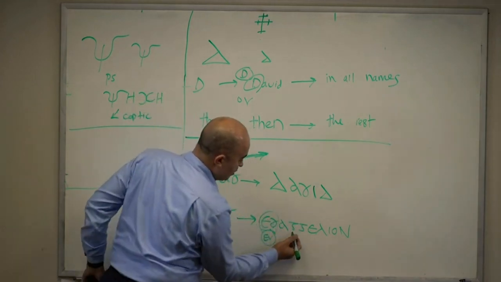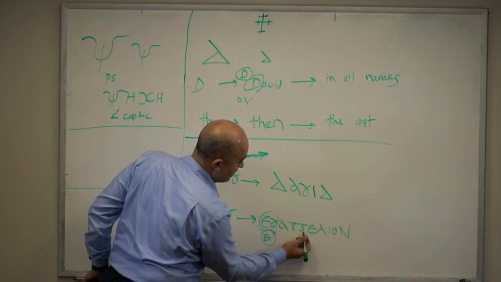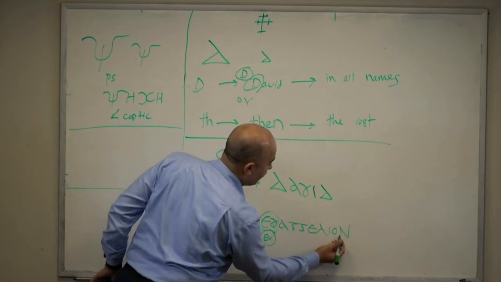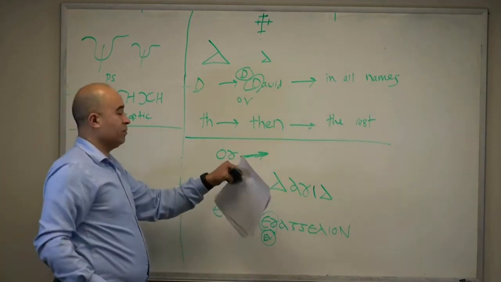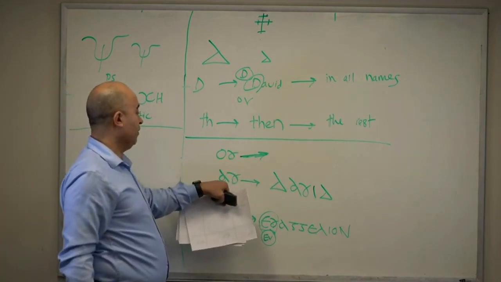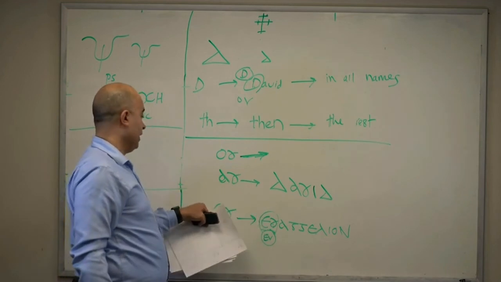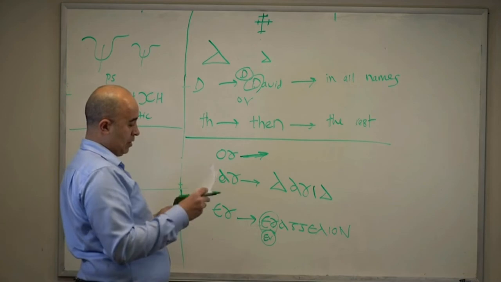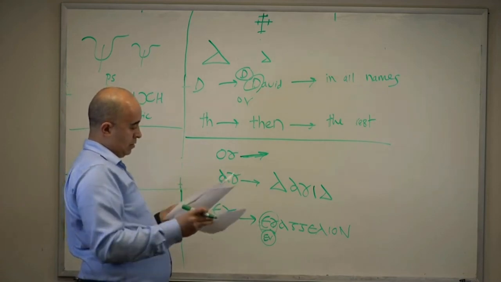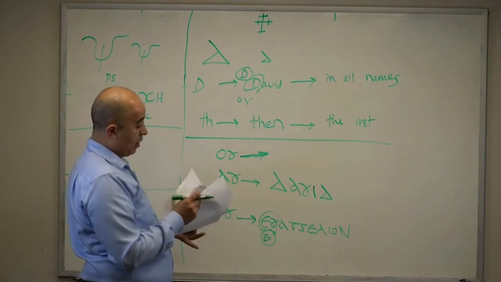Two gammas, the first one becomes an N, the second one stays G, so angelion. So ev angelion. So O and epsilon is U, alpha and epsilon is of, A and epsilon is ev. And I think we're done.